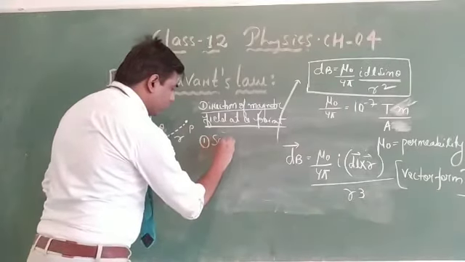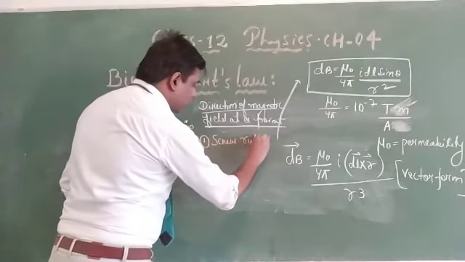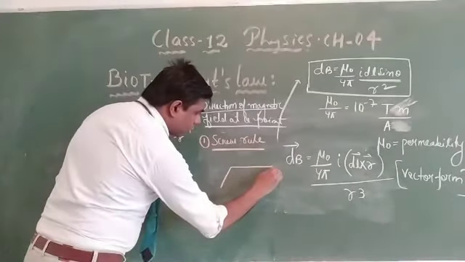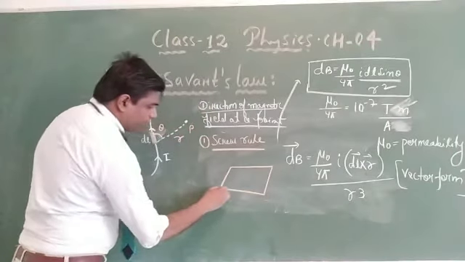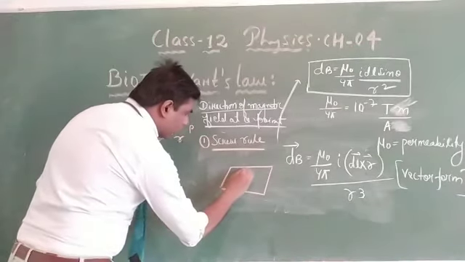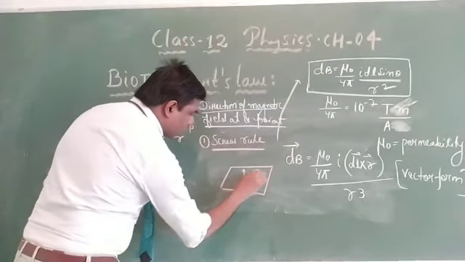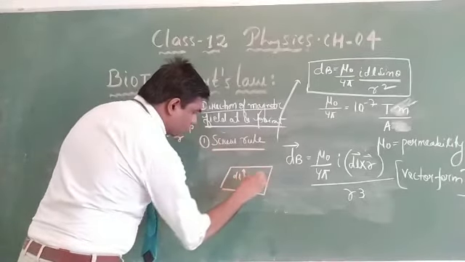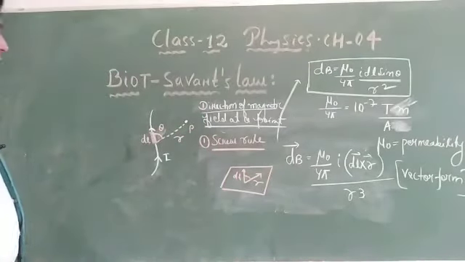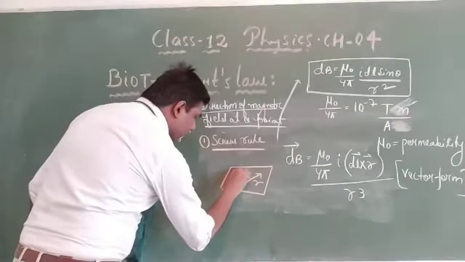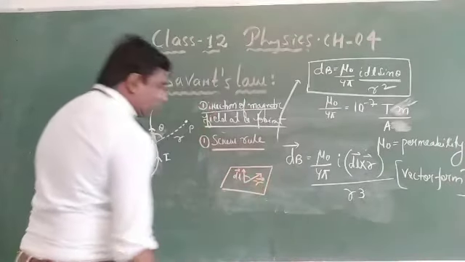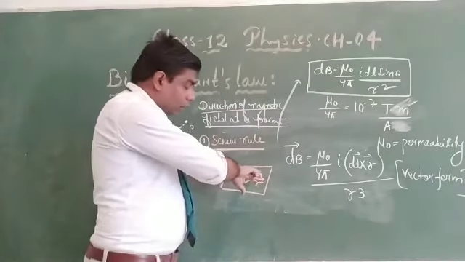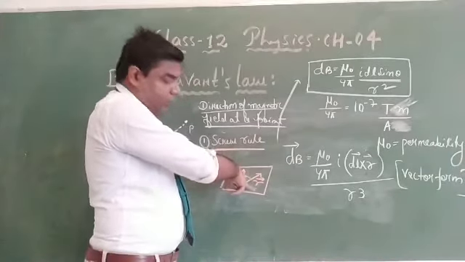So to find out the direction, we use first the screw rule. In the screw rule, what you have to do is put a screw at dl and rotate it towards r.